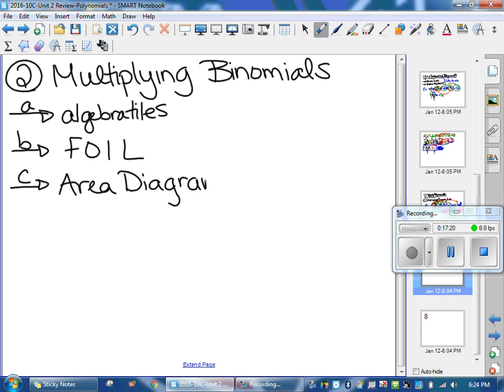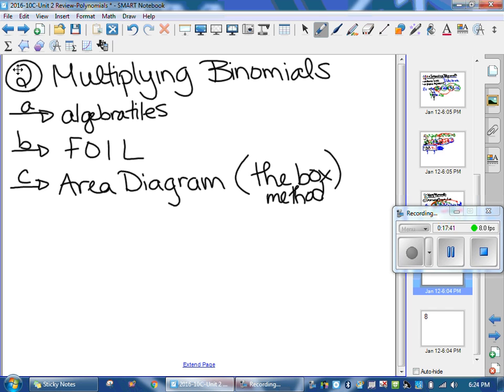Okay, the box method. Okay, so the area diagram, same thing as the area box. So here's my example, and I'm going to do it exactly all three ways for you. I'll give you a moment to write those ways down.